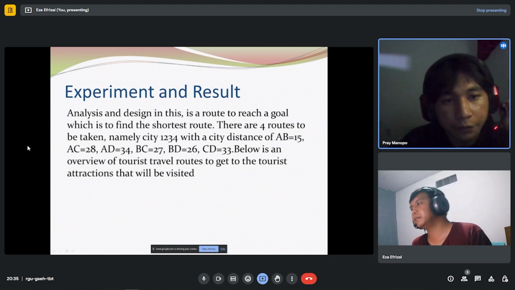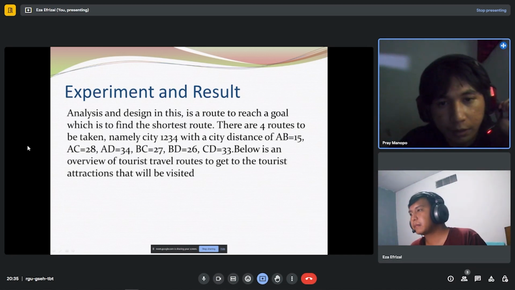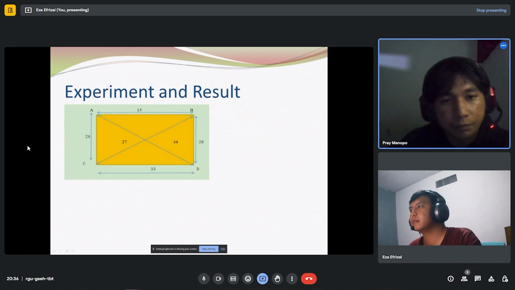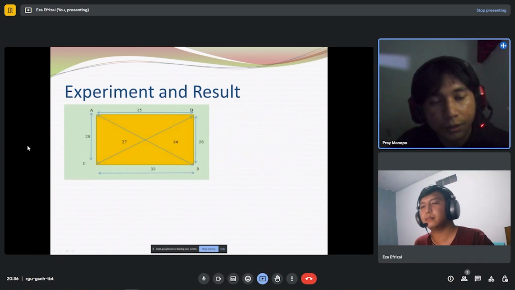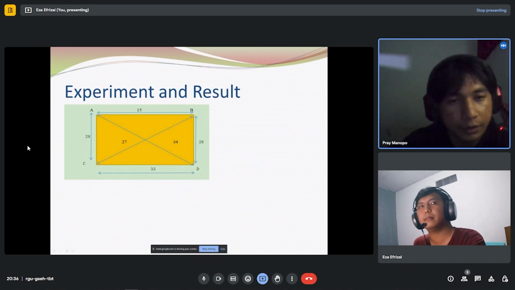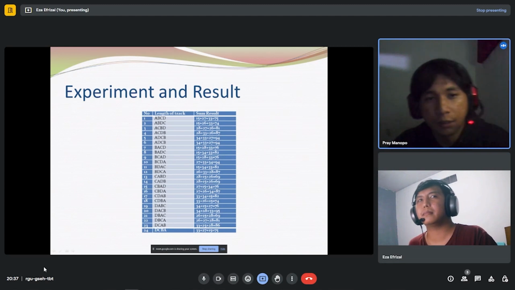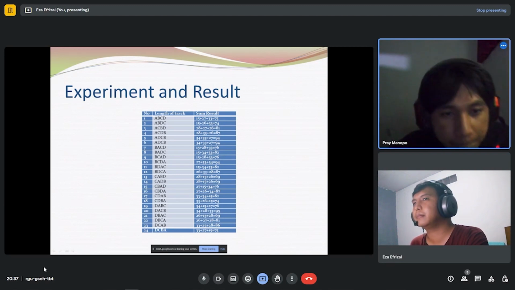Below is an overview of a tourist's travel routes to get to the tourist attraction that will be visited. This is the route that will be taken by the tourists, and this is the table of total route distance.